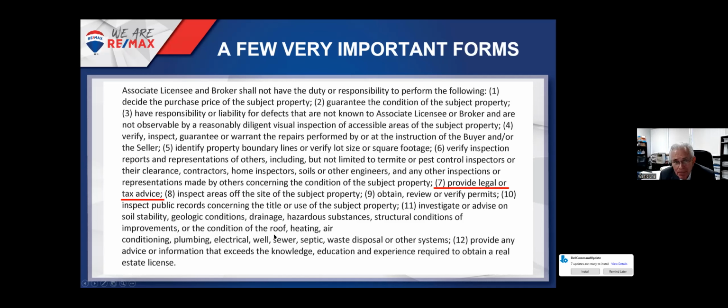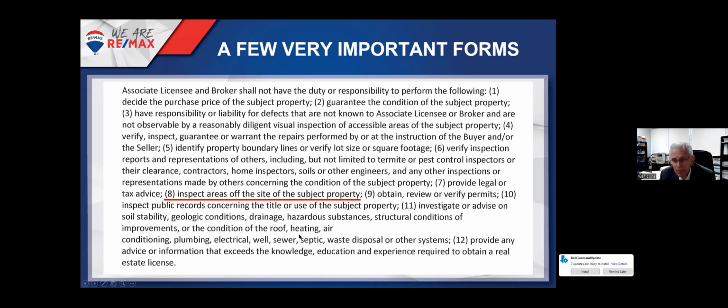Okay. We don't provide legal or tax advice. We don't inspect off-site areas of the property. Imagine if we took on that responsibility. I've had upset buyers who later found out that there was a problem half a mile from the house, and they actually took the position that it was the agent's responsibility to tell them about a situation that existed half a mile away.